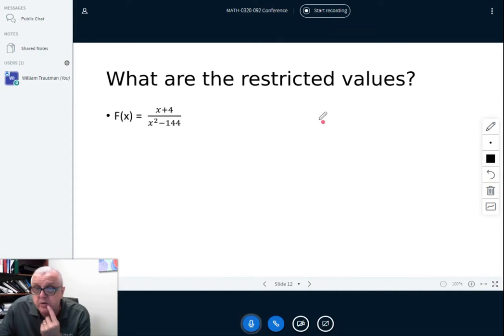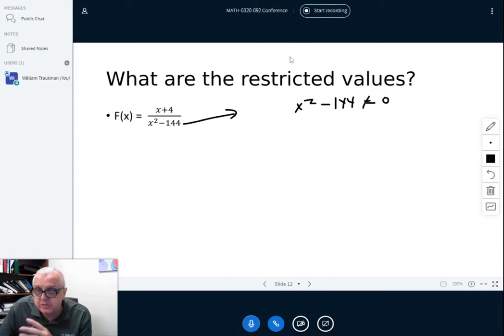There's actually another way of looking at this. X squared minus 144 equals 0. You can say cannot equal 0. I always say that. And factor this using the two-term method. We got an x here and 12 here, right? 12 times 12 is 144.